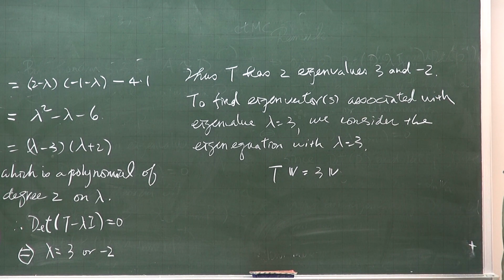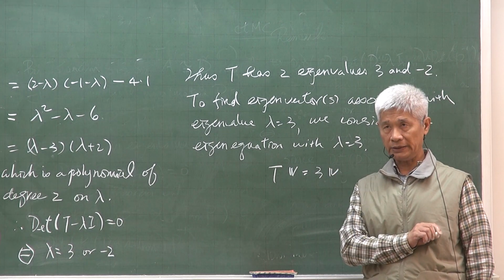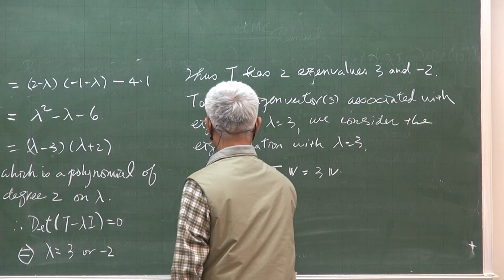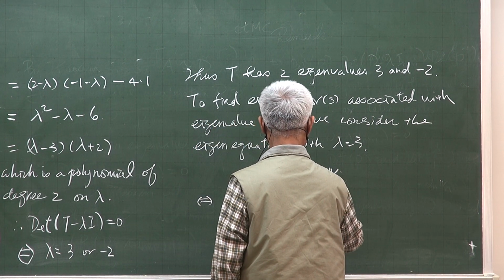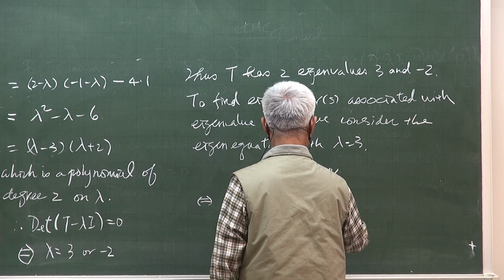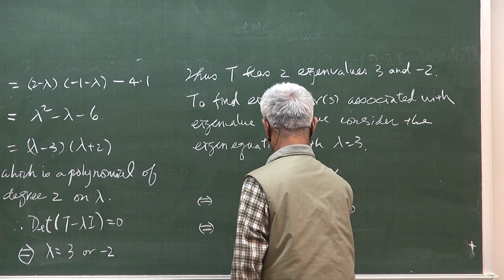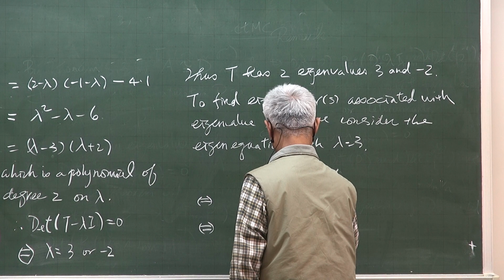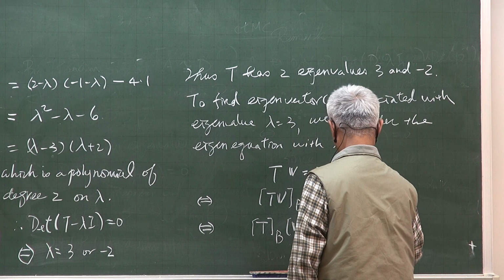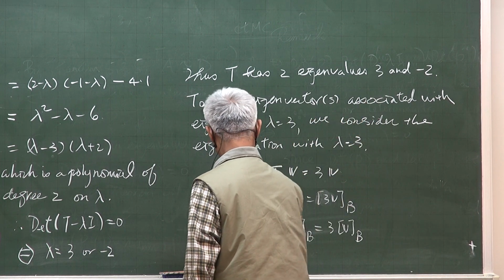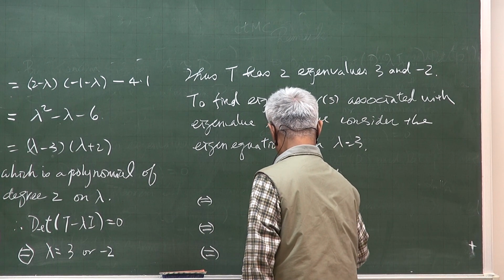Okay. So we have now solved, if we know 3 is an eigenvalue already. And so we have A x equal to 3x.